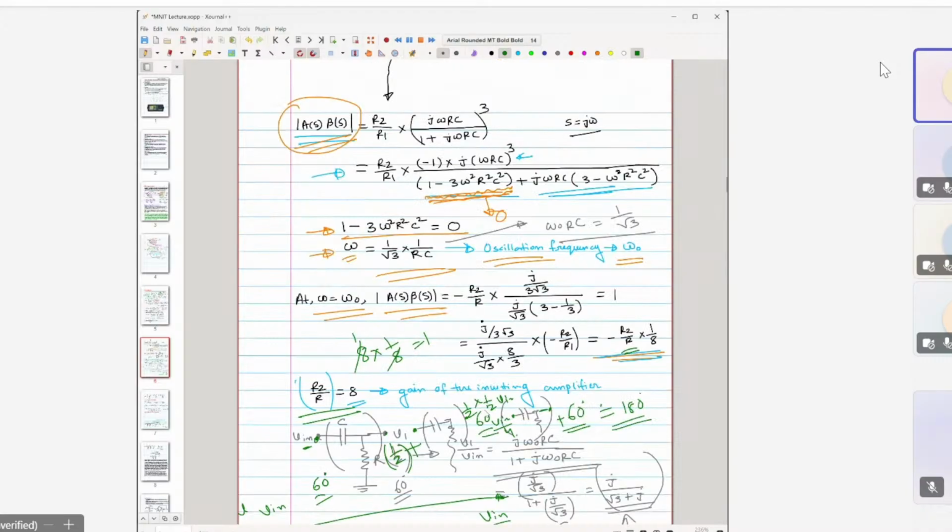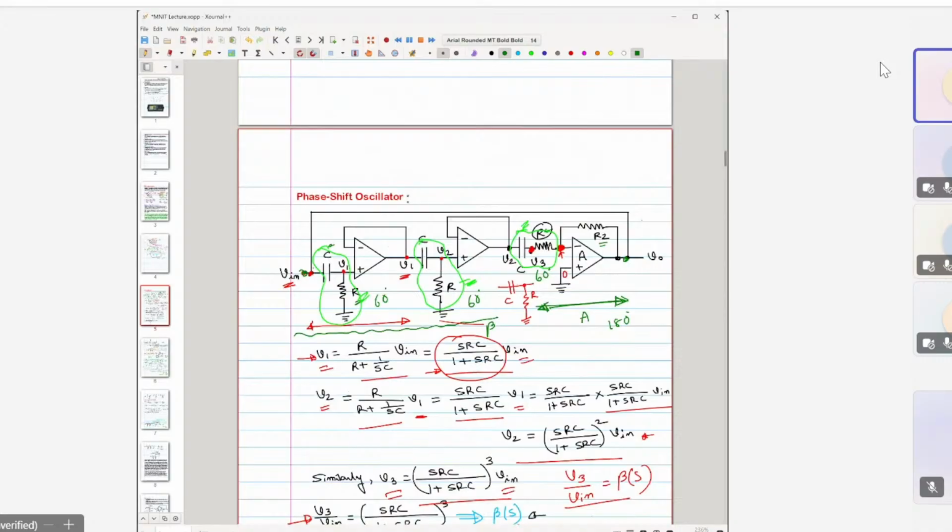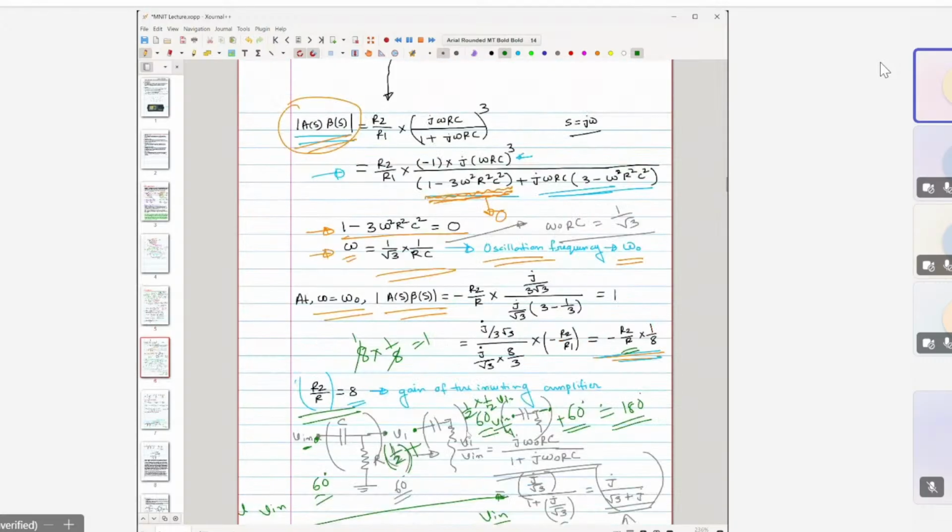And what will be the output of this circuit? Remember, the output of this circuit would be a sinusoidal wave. And what would be the frequency of this sinusoidal wave? That we have also already derived. The frequency would be given by this expression, omega equal to 1 by root 3 RC. So depending on the choice of values of R and C, you can vary this omega.